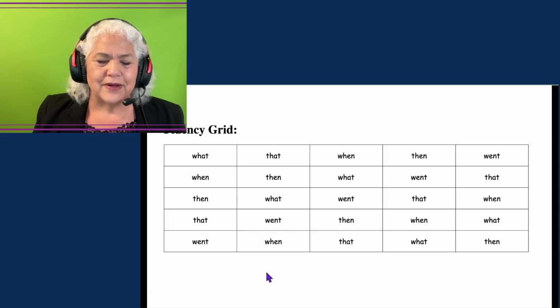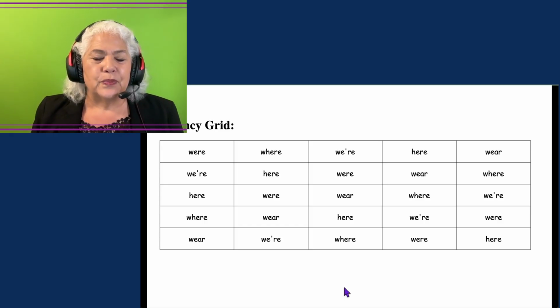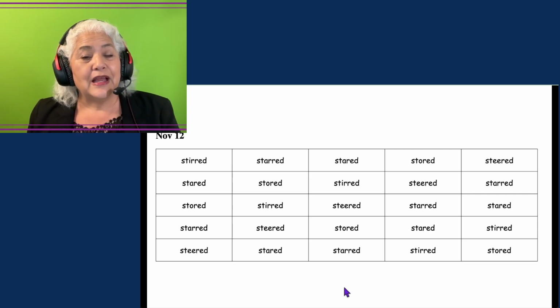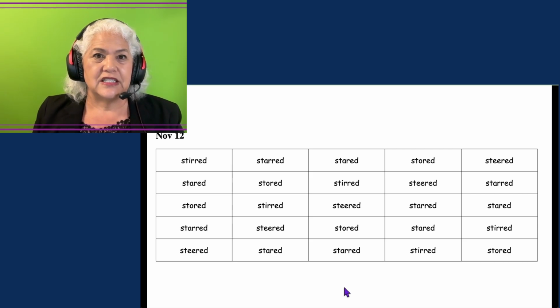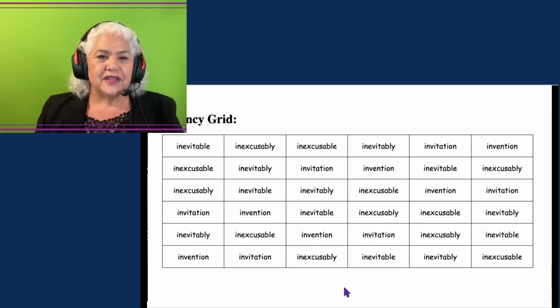There's a special name for it. Anyway, like a Sudoku problem. Or I'd have were, where, we're, here, where, and whatever the confusing words, things that my student was confusing, I would put it in here so they could really look to distinguish it and be able to read them. Whatever the lists were.